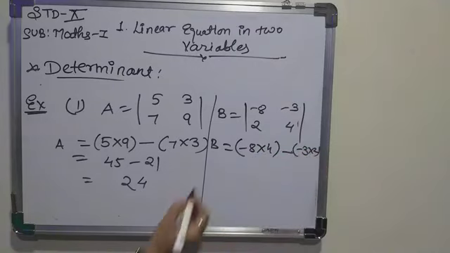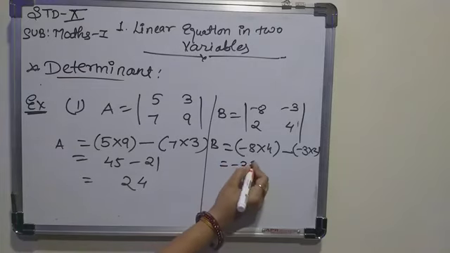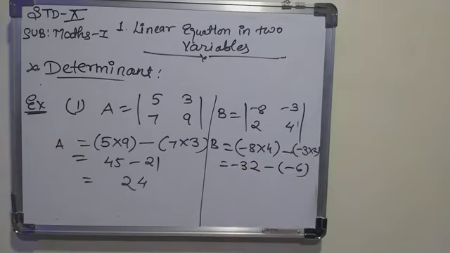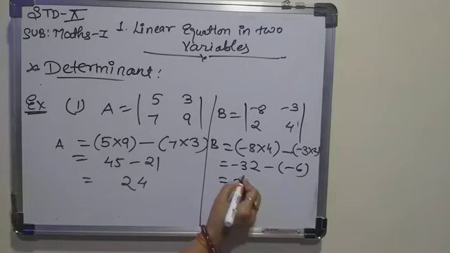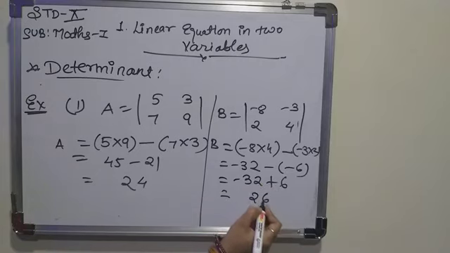You will get 8 fours are 32, with the sign minus, so minus 32, and here you will get minus 6, and minus minus is plus, so you get minus 32 plus 6. So what will be your answer? It's 26, and the sign of the bigger number is minus, so minus 26. This is how you find the value of a determinant.